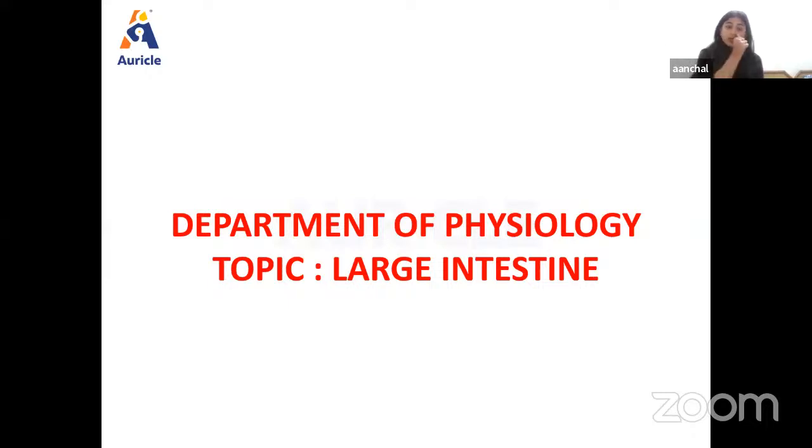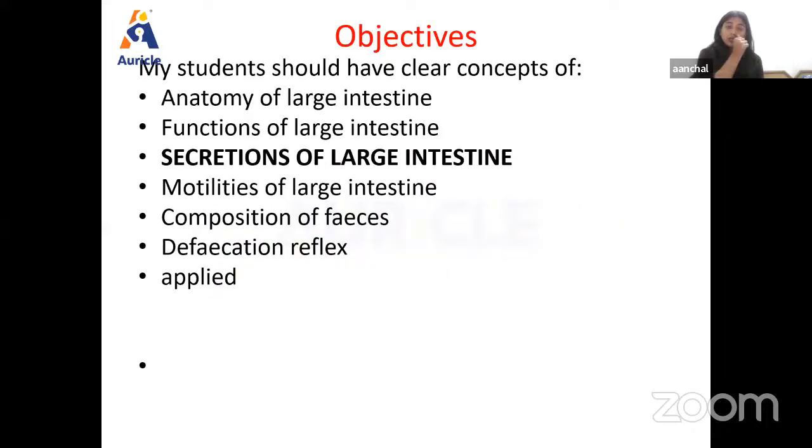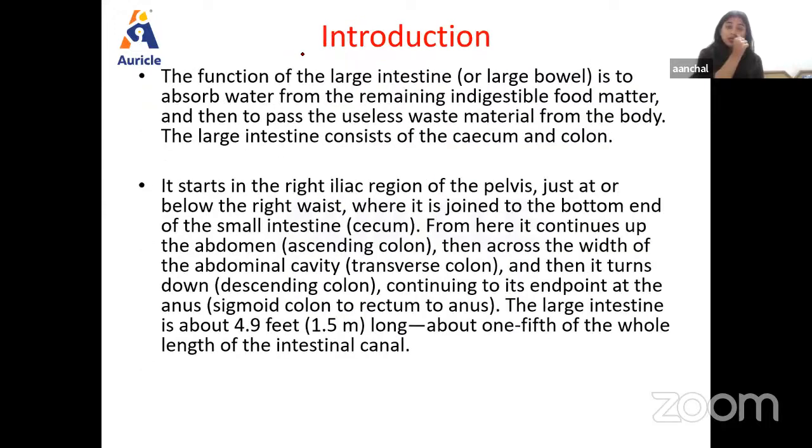So, now talking about the introduction part, in which we're going to discuss the basic morphology, basic location, and the function. The function of the large intestine or large bowel is to absorb water from the remaining indigestible food matter. As in the previous classes, we already discussed that the full digestion of the food occurs inside the small intestine.